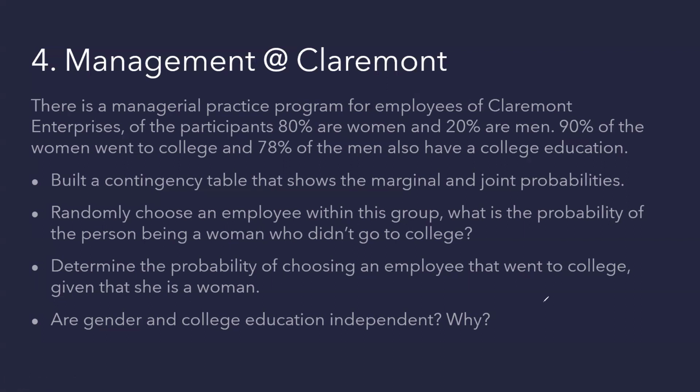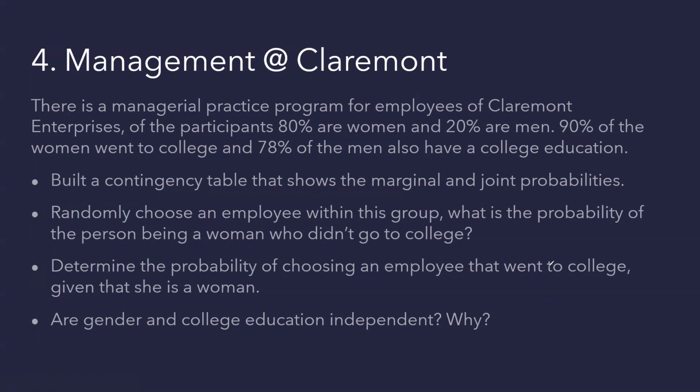What is my first probability? Well, the probability of A is that you're a woman. I'm sorry, I'm going to go back because I'm reading the wrong one. We've already done that one.